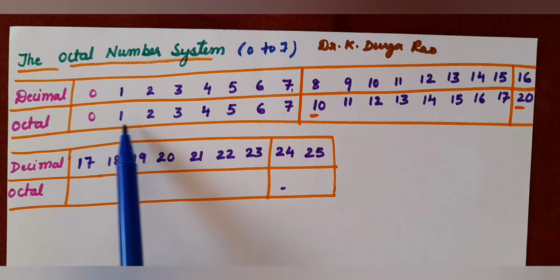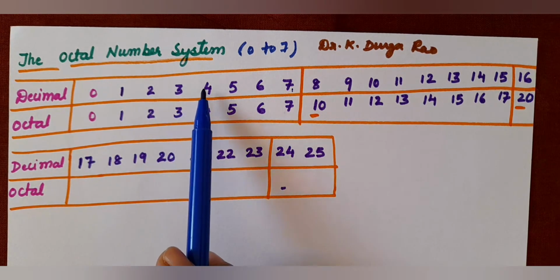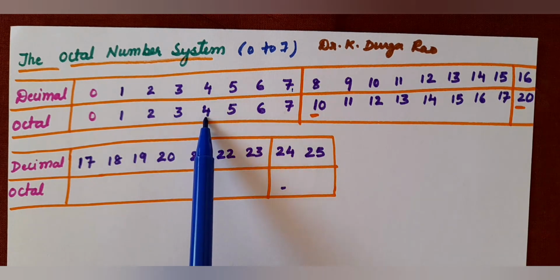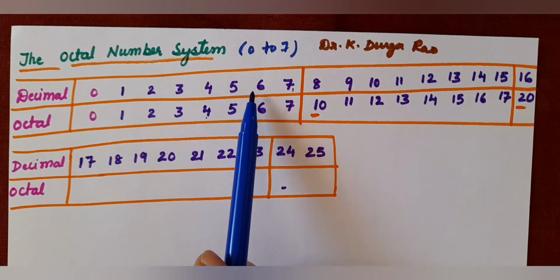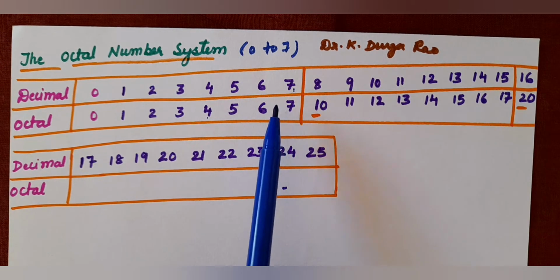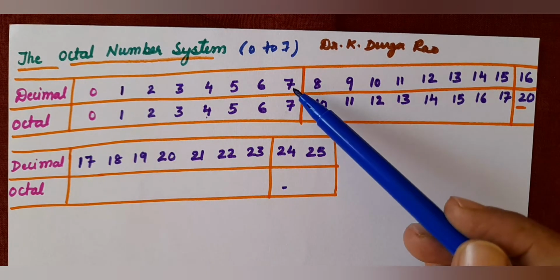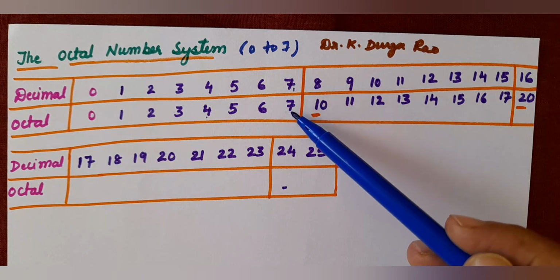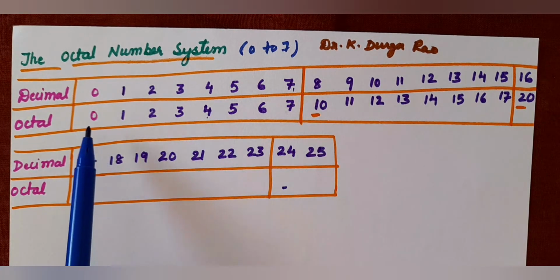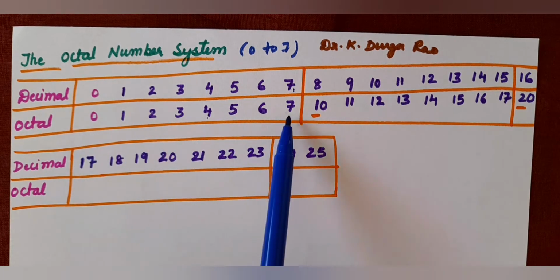It will be the same: 0, 0, 1, 1, 2, 2, 3, 3. For decimal 4, the octal is also 4. For 5, 5, 6, 6, 7, 7. So till decimal 7, the octal is the same because the basic symbols are 0 to 7.